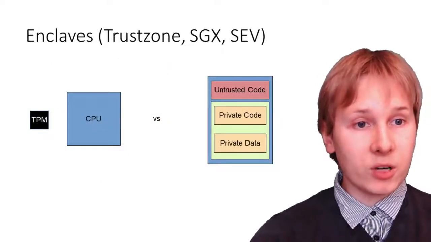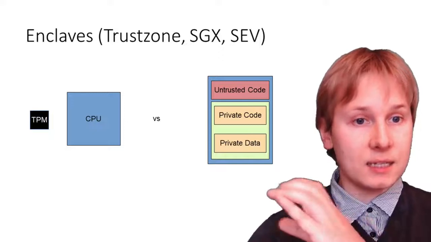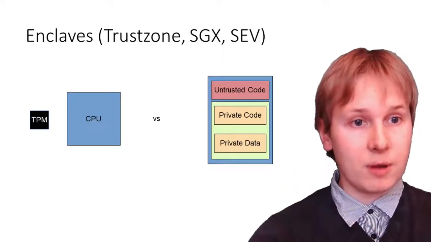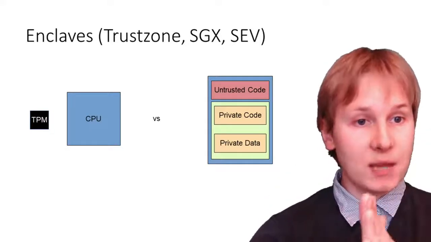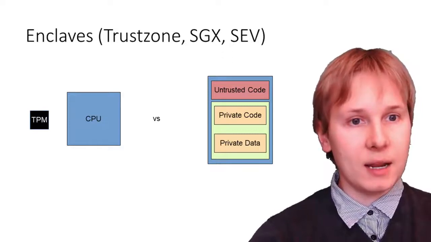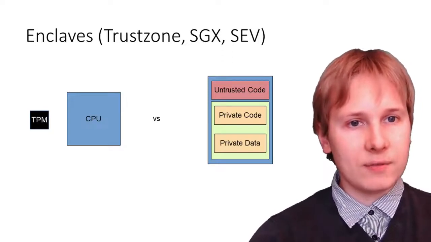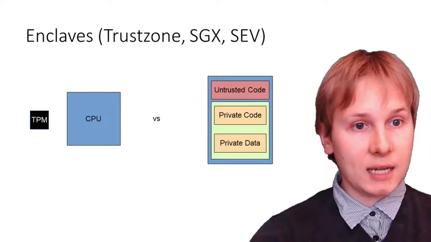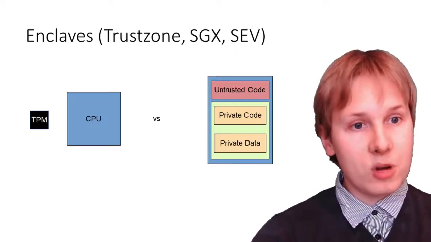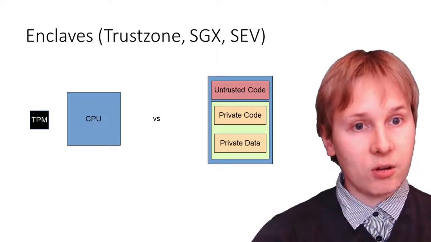So a more modern alternative to the idea of this distinct TPM that measures and stores crypto secrets, which measures your CPU and the things running on it, is this idea of enclaves, like TrustZone, SGX, and SEV, which were briefly mentioned in the hardware security lecture.